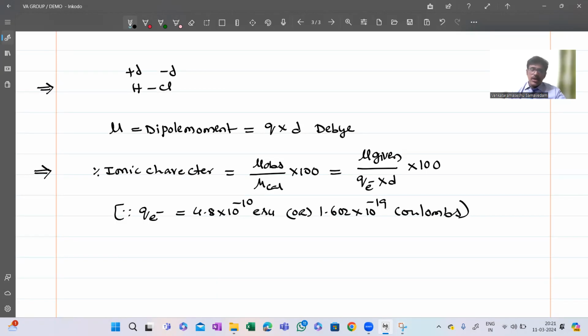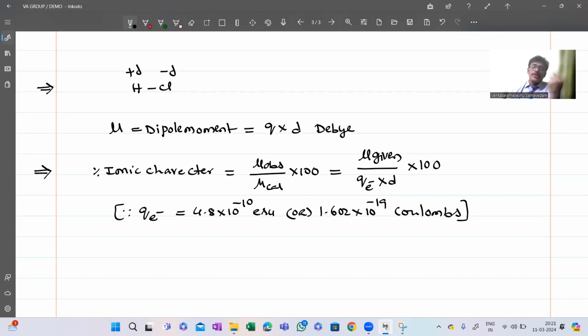That means we have to take the charge of the electron, 4.8 into 10 power minus 10 in electrostatic units or 1.602 into 10 power minus 19 in coulombs. Sir, why are you taking the charge of the electron? I am expecting polarity 100%.